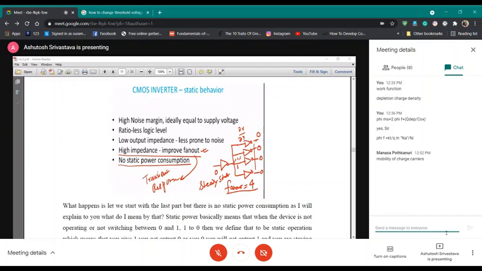Correct, correct. Mansa is right. It is mobility of the charge carriers. So which one has more mobility?